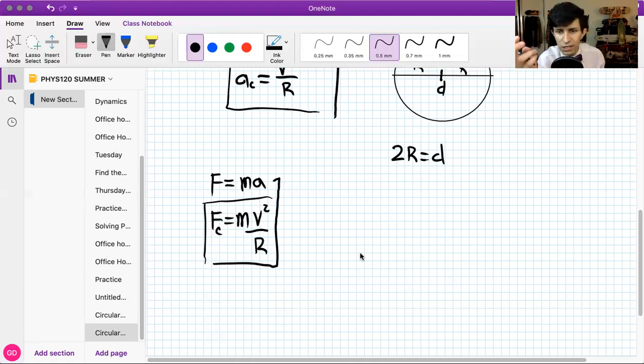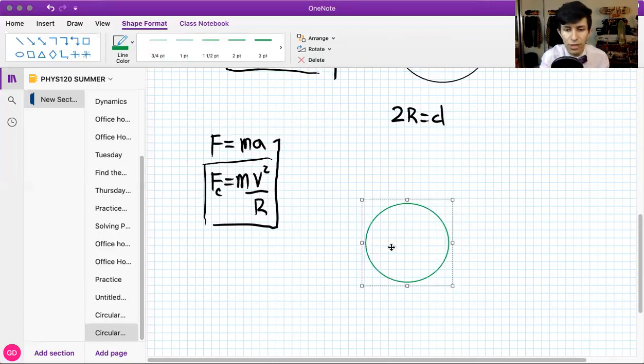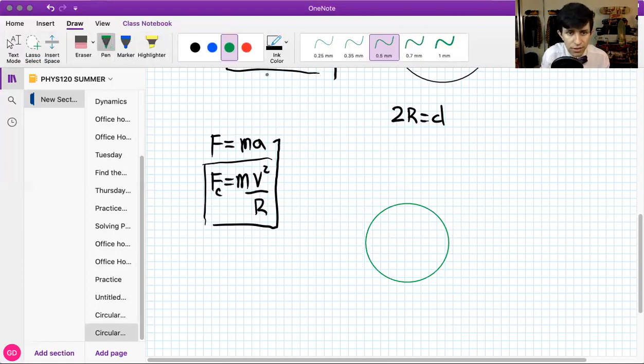The space station is this space laboratory that's orbiting around the Earth. So here, that circle is Earth, and the space station in blue is gonna be this little dot right here.